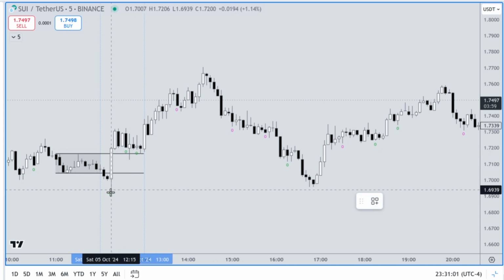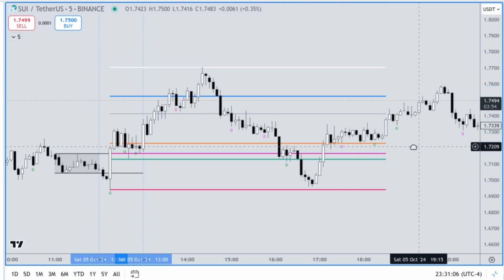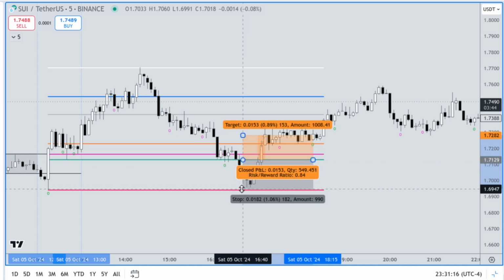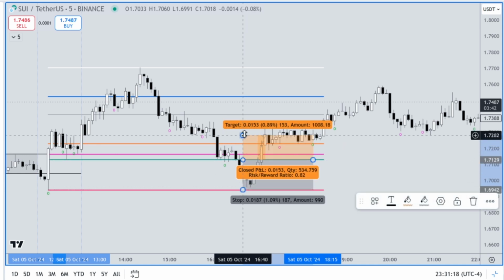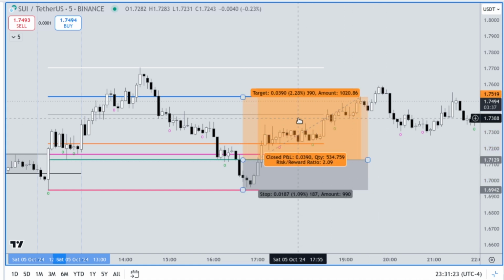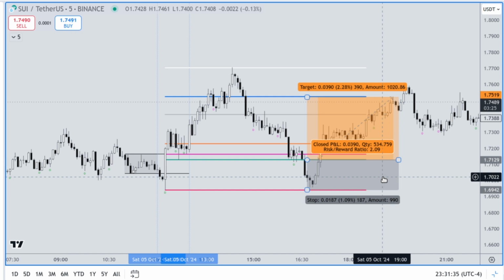So if we place our fib, we just have to wait, right? We just have to wait and enter right here. And we have 2.28% just based on this candle. We had to wait longer, but the trade was perfect.